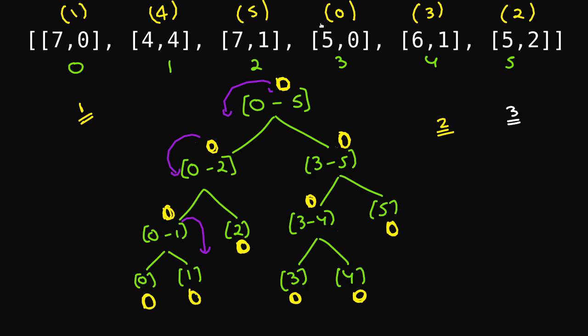Okay, so the final answer is going to be this 5 comma 0 is going to be present at index number 0. Okay? So we'll be having this 5 comma 0, then we'll be having this 7 comma 0, then we'll be having this 5 comma 2, then we'll be having this 6 comma 1, then 4 comma 4, and then 7 comma 1.